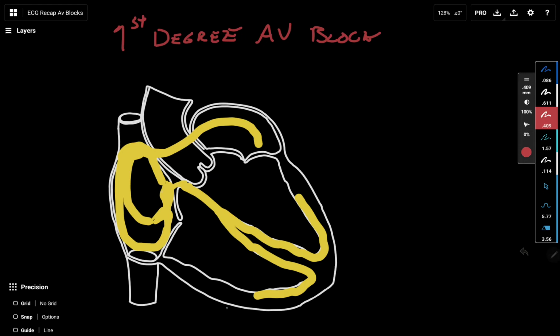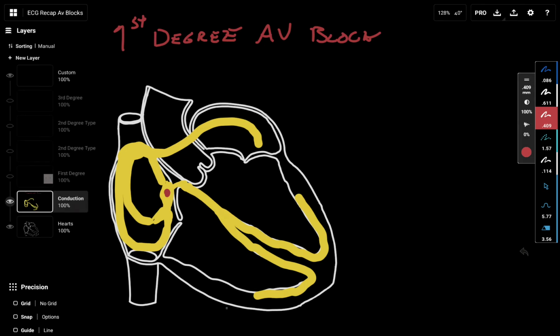So really the problem is here in your AV node, where there's an abnormal delay in conduction. Now, how does this reflect on an ECG?